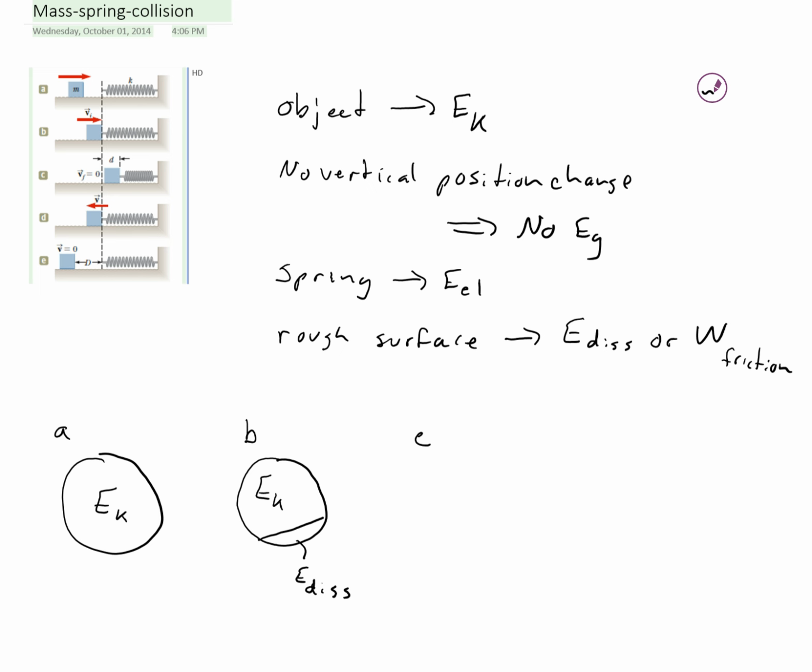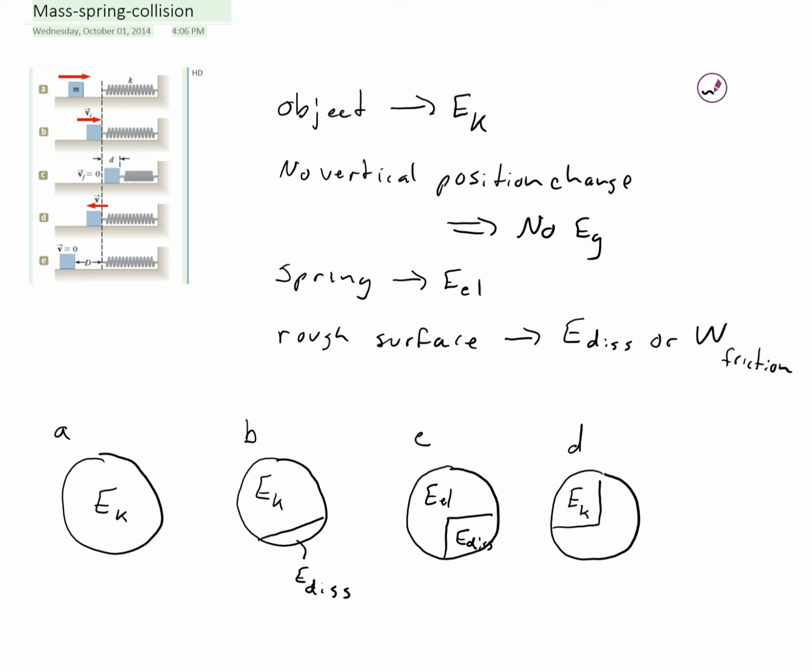C now, it's completely compressed the spring, and it's traveled a little bit further, so elastic, and then the dissipated has grown a little bit. By the time we get to D, now the spring is back to equilibrium position, which means we don't have any more energy stored in the spring, but we have kinetic energy.